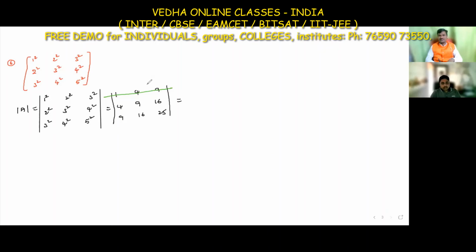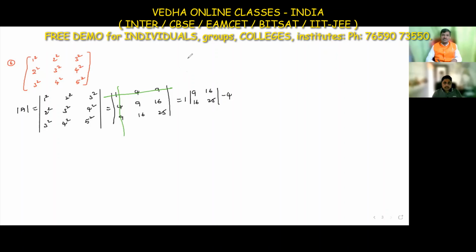First we take the first column: 1 into the minor 9, 16, 16, 25.